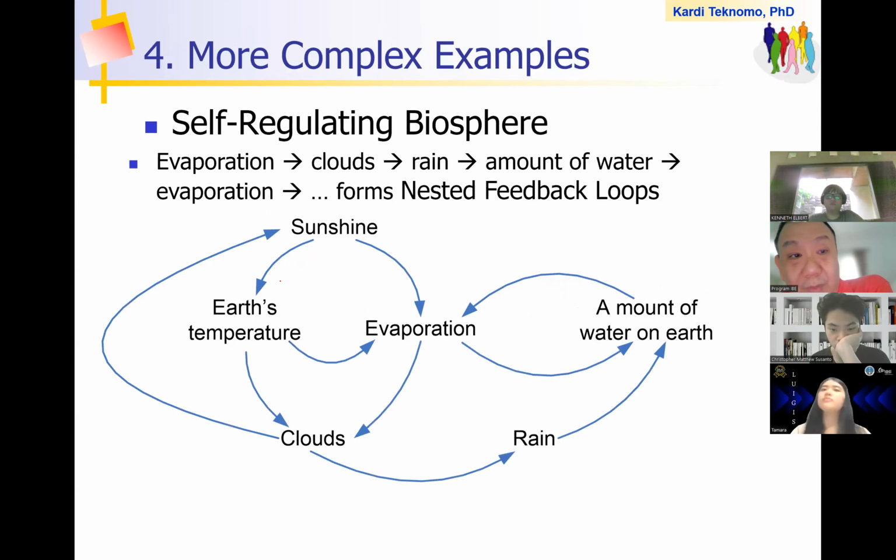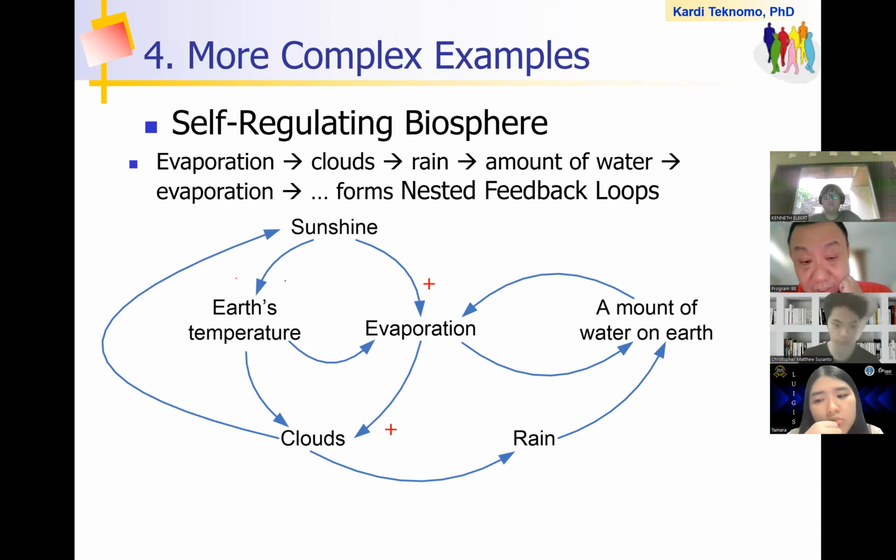Okay. So the real world will have this kind of complex system. You will have a lot of components, right? And within your components, you will create the link polarity and the loop polarity. So in here, for example, the more sunshine you have, the more evaporation.